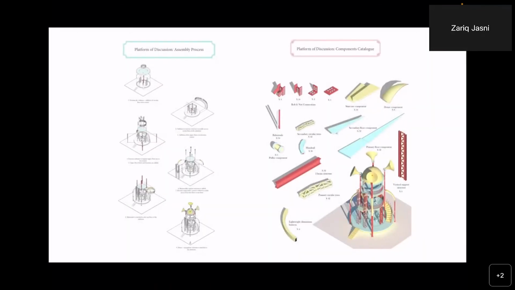And I think for the year 2 students, coming up with a components catalog of each part of the structure that you are building would help very much in understanding how to construct your installation or structures.